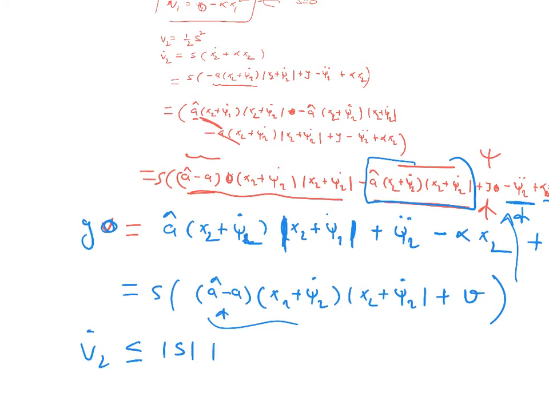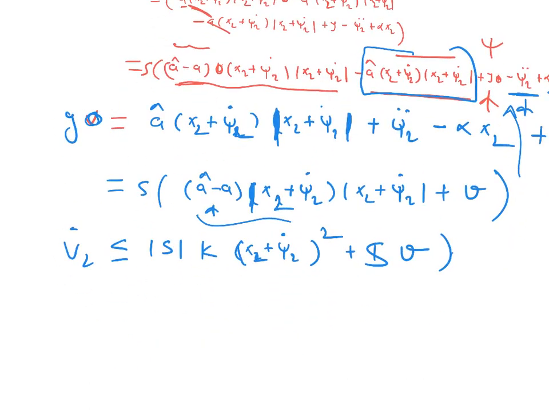Then if I take the absolute value of this and this, it becomes basically x reference plus psi r reference dot x2, sorry, x2 plus psi r dot x2 squared, right? So basically taking mod means squared, plus mod s into mu. Okay, so plus s into mu.